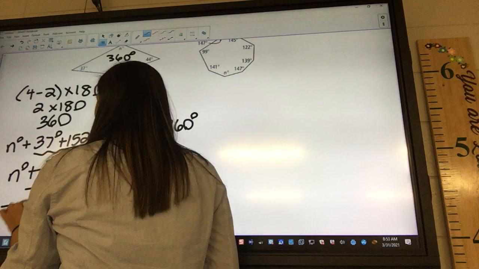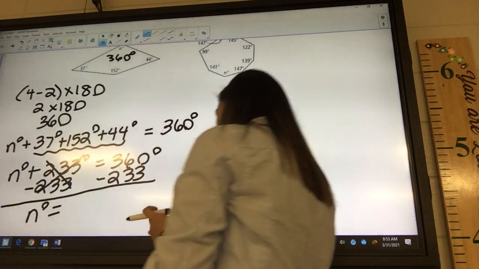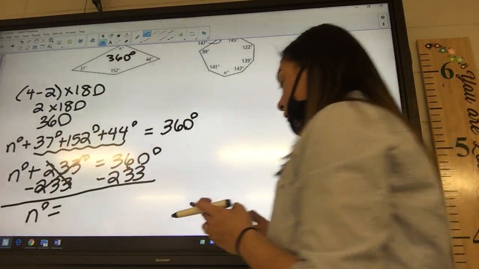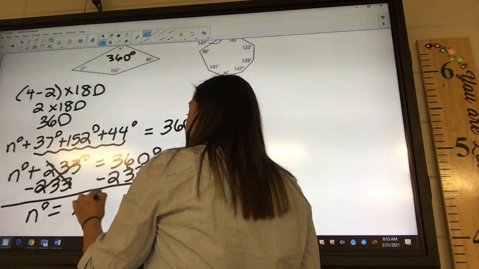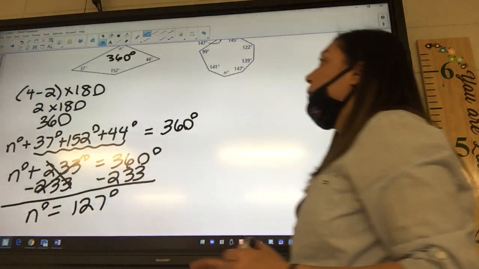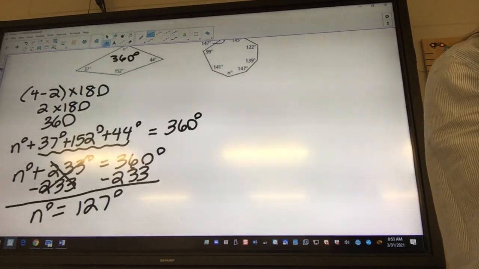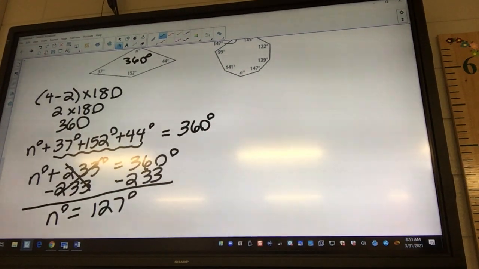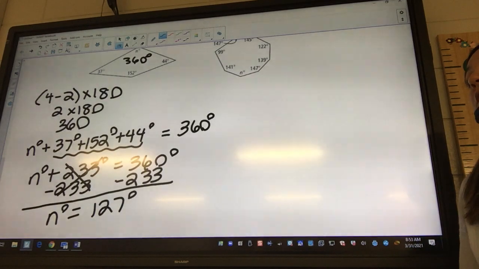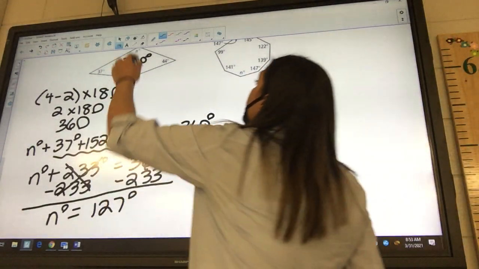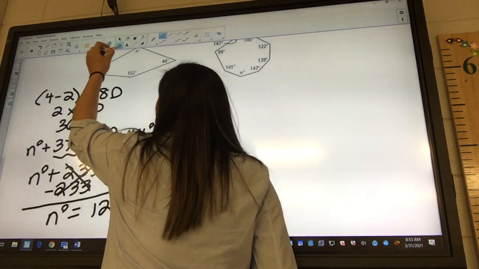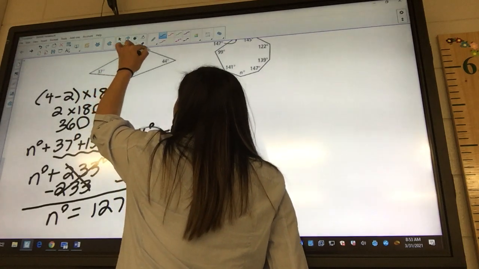So n degrees equals 127 degrees. So we know that one angle has to be 127, and you could fill it in up here instead of 360.